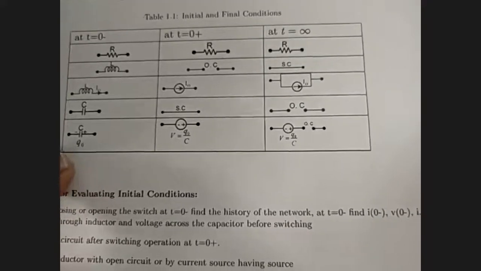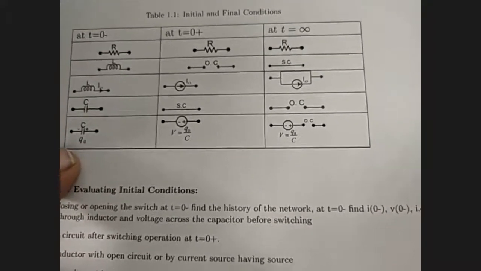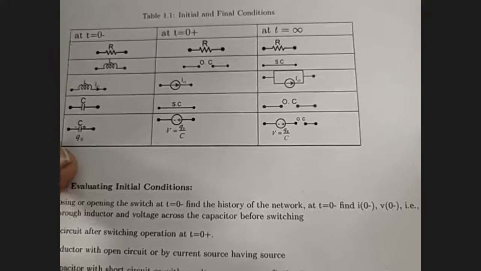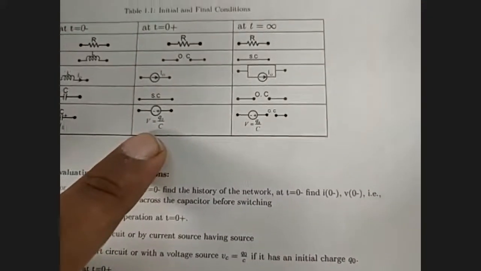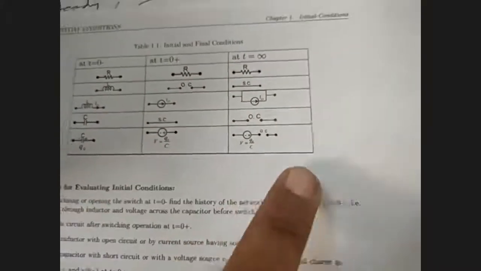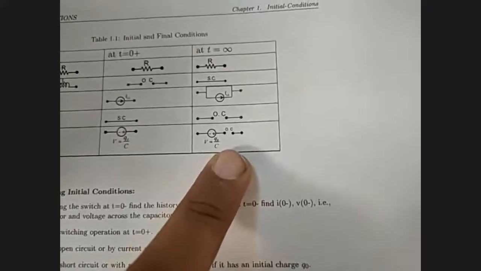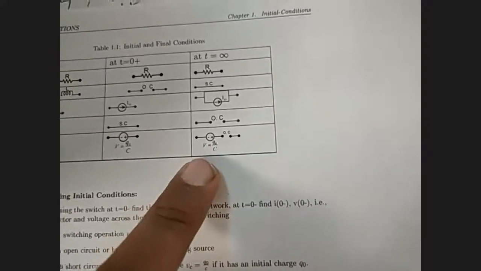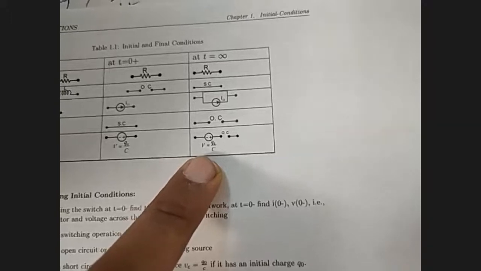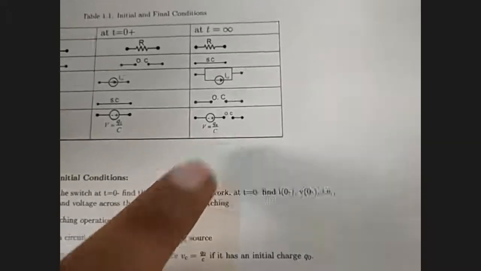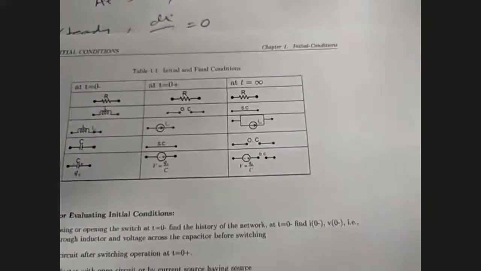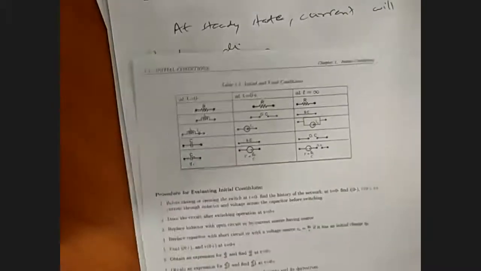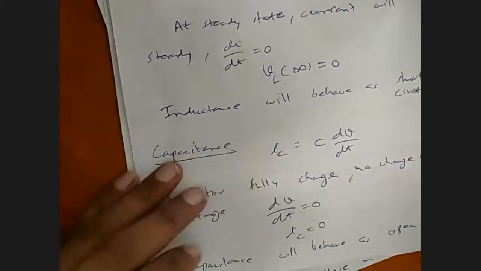If it initially has a charge, then it will behave as a voltage source, and at infinity it will behave as open circuit, with a voltage source equal to V. So this is your condition which you have to remember. This is the table you have to remember, because this will be useful when we will be solving the circuits.